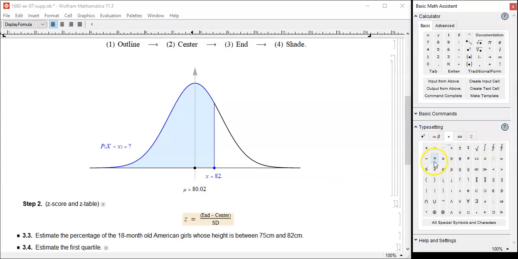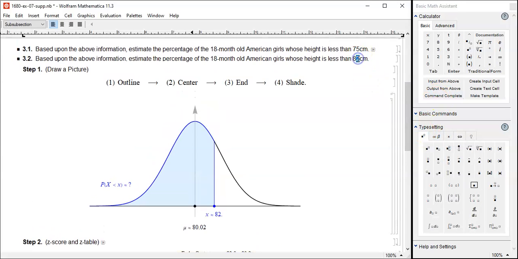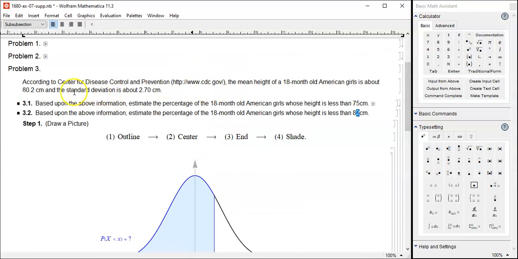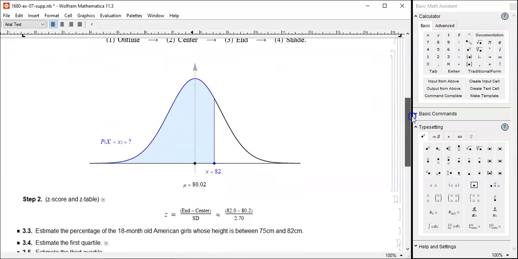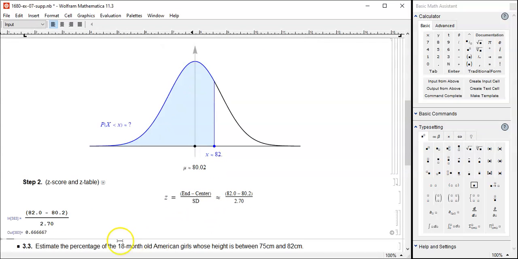That's 82 minus the center 80.2, standard deviation 2.7. Calculate all this, what do you get? Approximately 0.67.